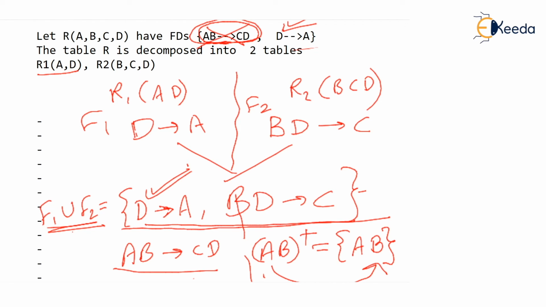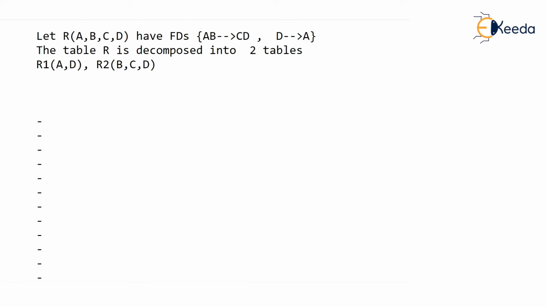I would like to remind all of you that decomposition must be lossless. But if decomposition is not FD preserving, we accept it. It's okay. If FDs are not preserved, it is not that serious. We are not going to face problems later on. But if the decomposition is lossy, then it is not acceptable. I hope you have understood this exercise also. Thank you very much.